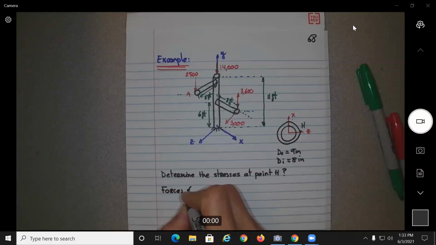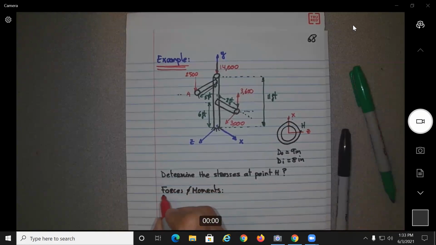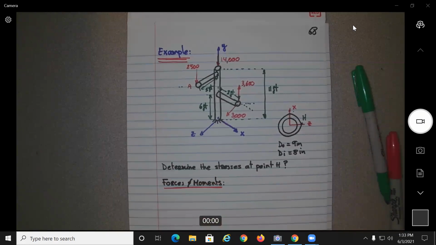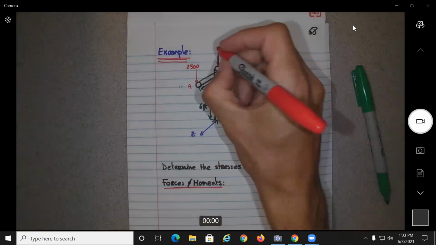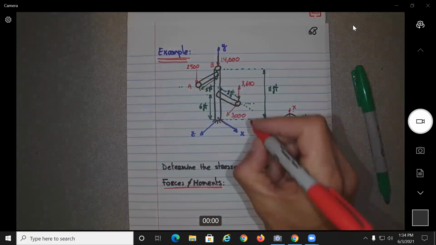So let's say forces and moments, okay? So let's say we have point A, this will be point B over here on top, and this will be point C over here.